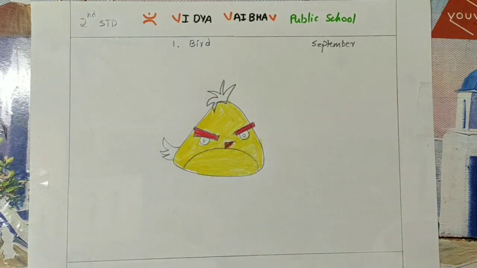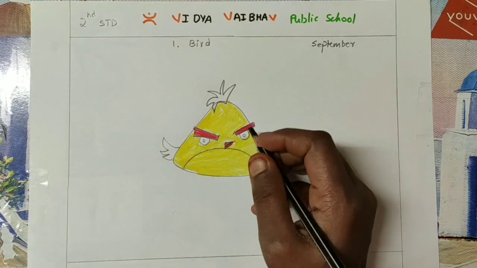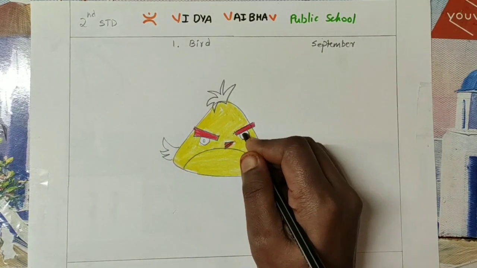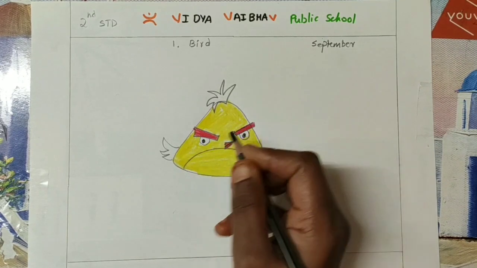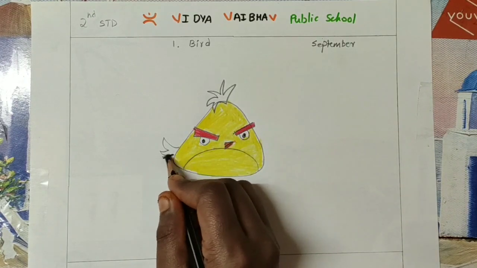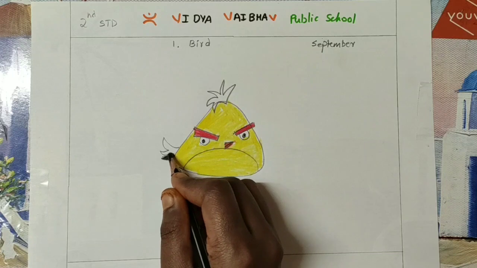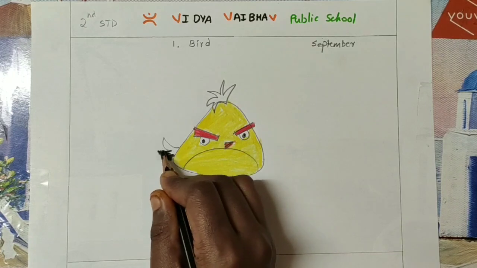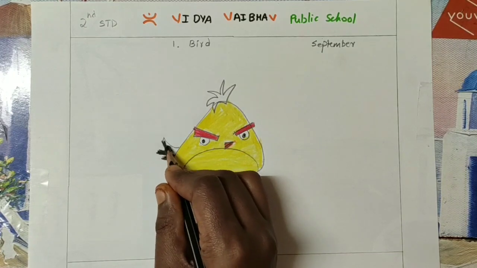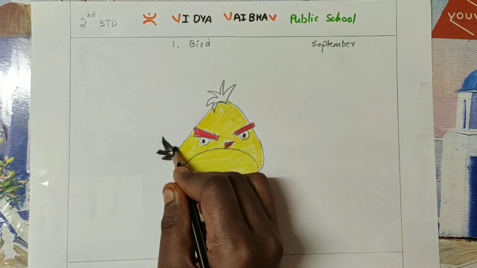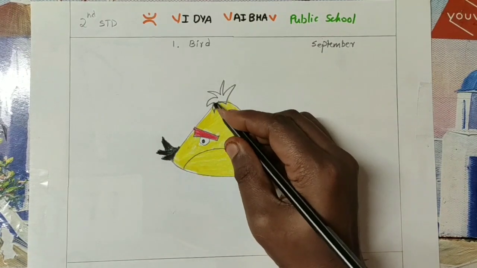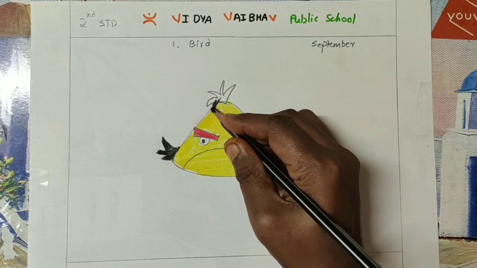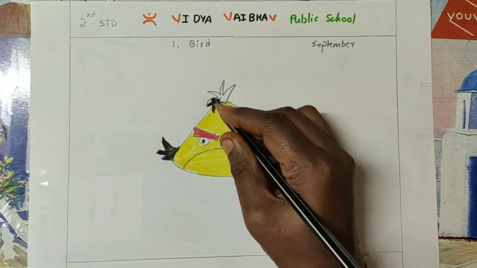Don't leave a white space. Try to complete and color it very neatly. Now for the eyes I'm using black, and for the tail even I'm using black color. And for the hairs I'm doing a black color.